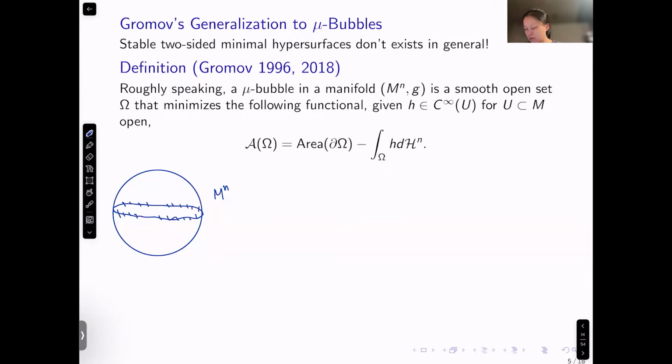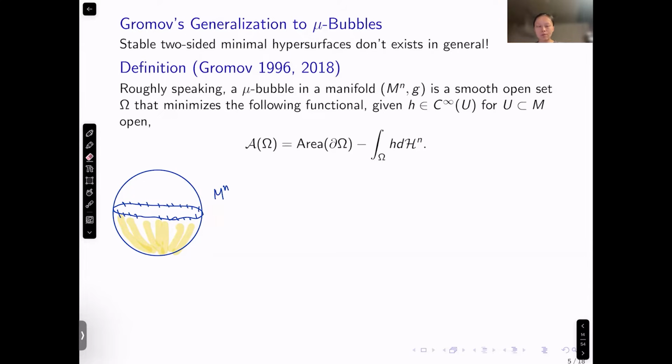That's the first term I want to minimize. Then I also want to integrate a potential that I choose in the domain omega. And I will specifically choose the potential so that I will always find a minimizer, and it's also related to my assumption on scalar curvature.